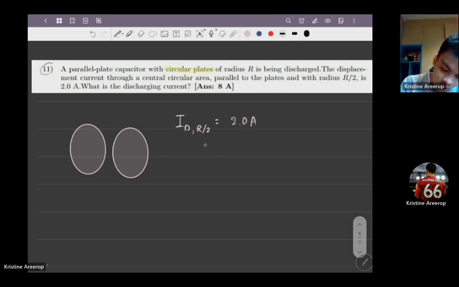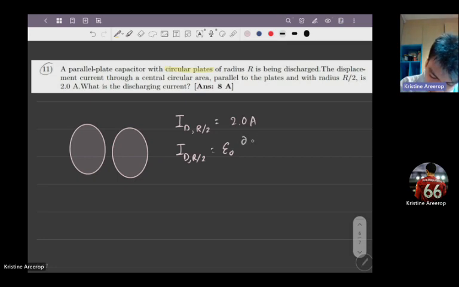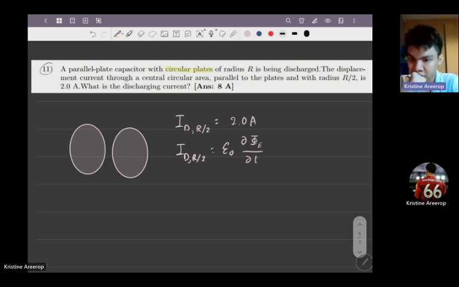What is ID for half of R? It is equal to epsilon 0 partial d phi E by dt.